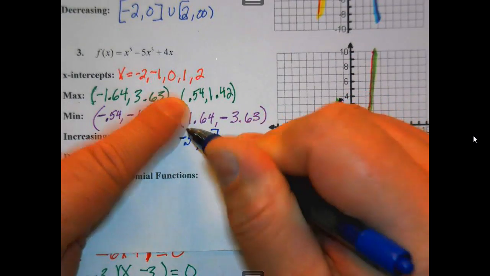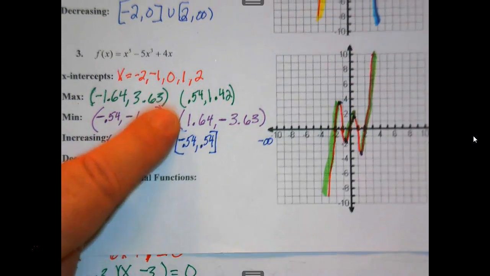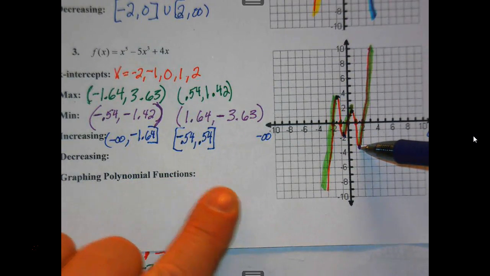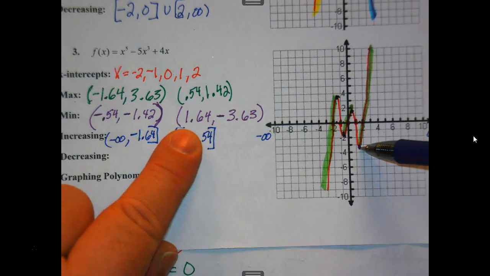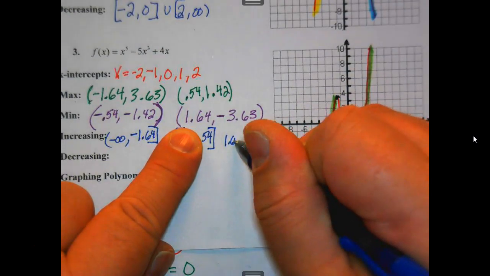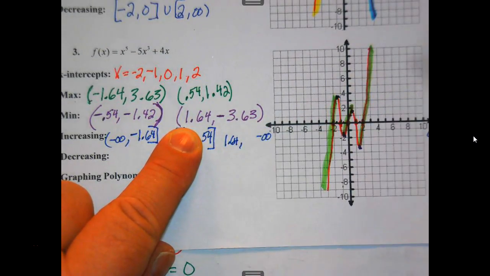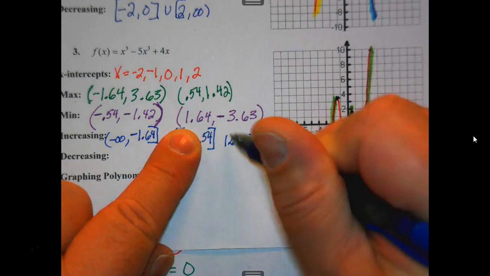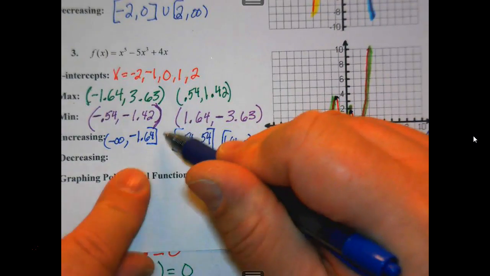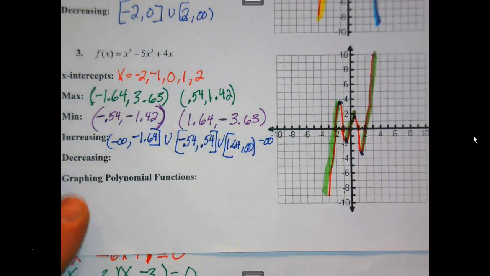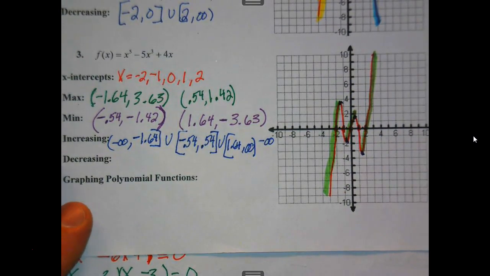Whenever you have numbers, you're going to close those. Okay, then it starts increasing at the x value of this minimum, so 1.64. And then it's going to just keep going until infinity. And if you want to put the little u's there, go ahead. So there's my increases.